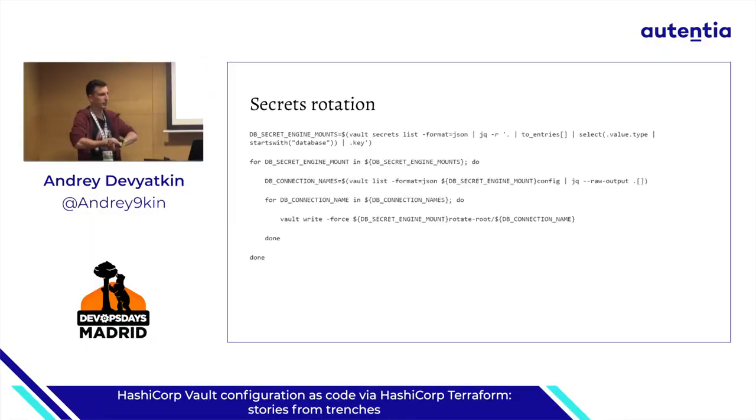The secret rotation. Let's imagine you went in and configured database credentials for Vault, and then you want Vault to actually rotate those for you, and there is a way of doing that. In that way, the root password you gave to Vault will be changed by Vault, and you don't know the root password any longer. So Vault is the only place that knows the root password. There's a little bit of bash that calls the Vault CLI, goes over the database connections, and calls the rotate root API.